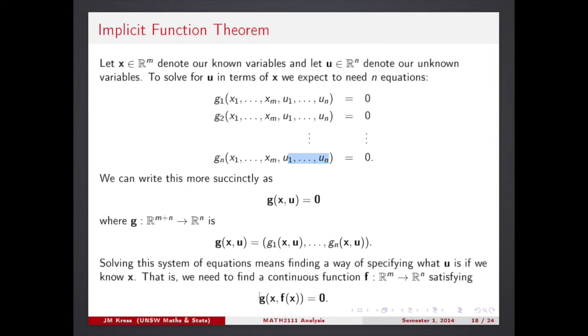You see, if I substitute it in place of u, it gives me correct numerical identities, n correct numerical identities. That's the objective of the implicit function theorem. Like I said, it's not an easy theorem. It's a very heavy theorem, just the statement itself. But those three examples, if you try to fit the statement onto those three examples, that will help you to see the structure of this statement.